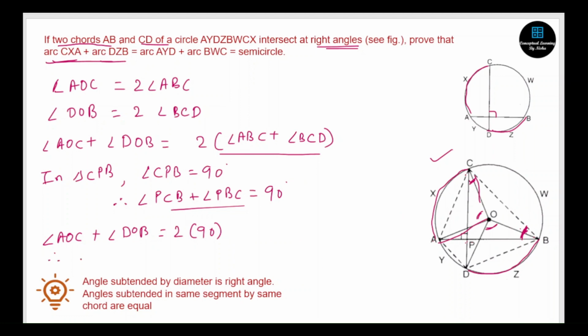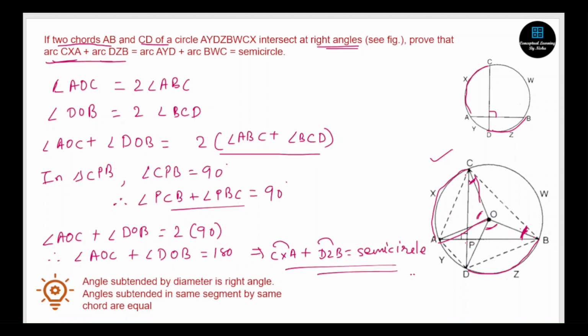And hence angle AOC plus angle DOB equals 180, meaning these two arcs make a semicircle. So this implies that arc CXA plus arc DZB equals a semicircle. So we proved this.